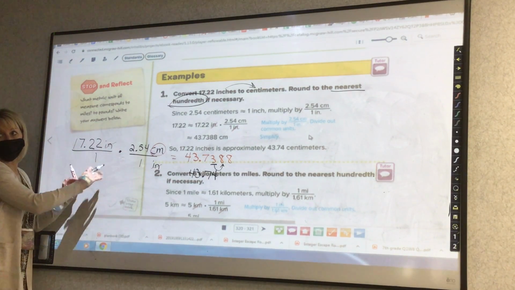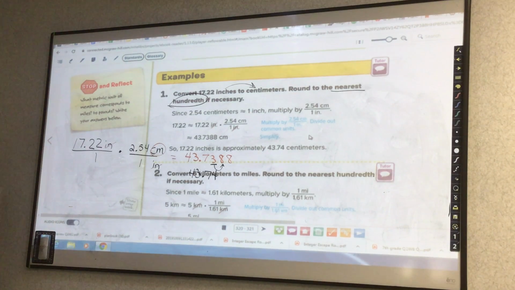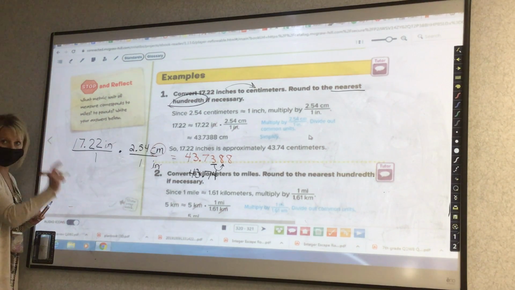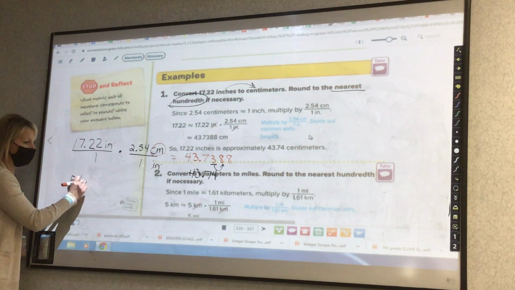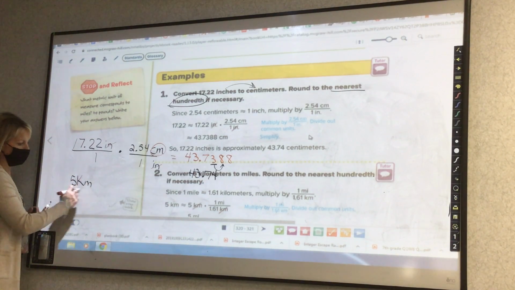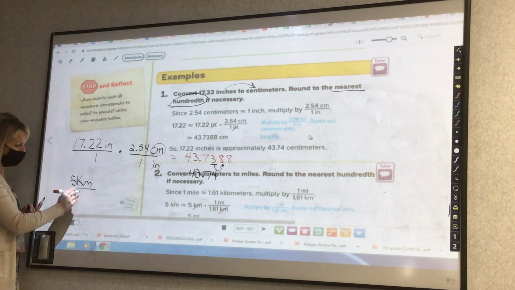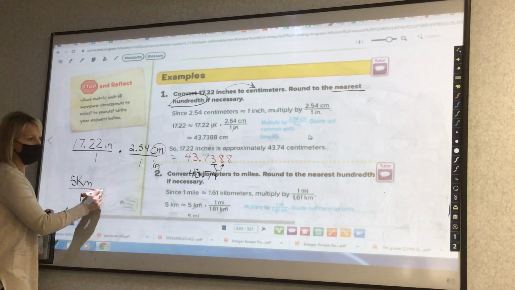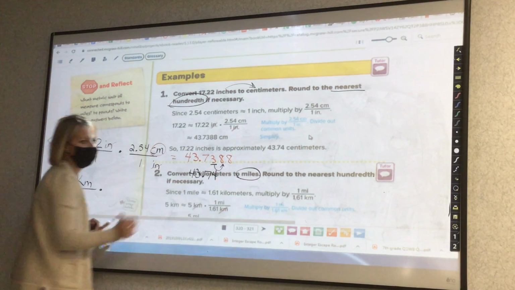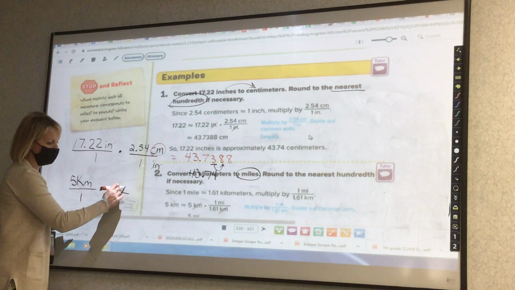How do I start it? How do I make those fractions? Number 2 says convert 5 kilometers, so if that's what I'm converting, I write that first. I'm going to put it over 1 to show that I have it as a fraction. I'm converting it to miles, so miles has to be on the top.